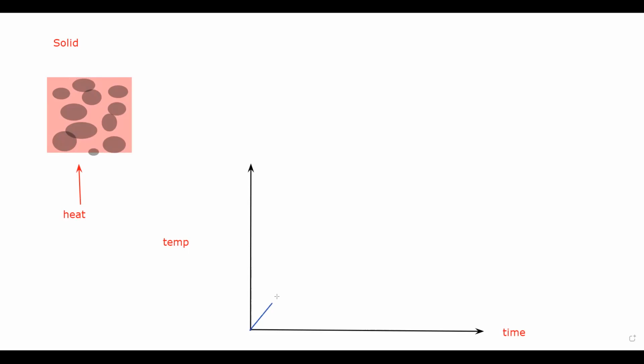So in the beginning, there will be a change in temperature. Like if there were numbers, say this was 10, 20. When you are supplying heat energy to a solid, the particles will gain energy and move faster. So the temperature of the solid increases.